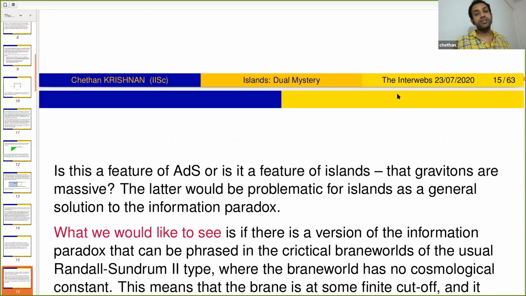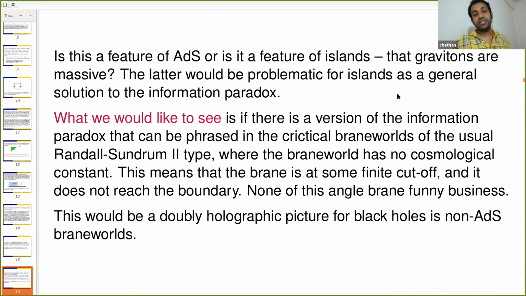That is the basic question that we would like to address. And the latter would be problematic for islands as a general solution to the information paradox. If massiveness of gravitons is essential for islands to exist, I think it is fair to say that it cannot really be a solution to our flat space gravity or anything like that.